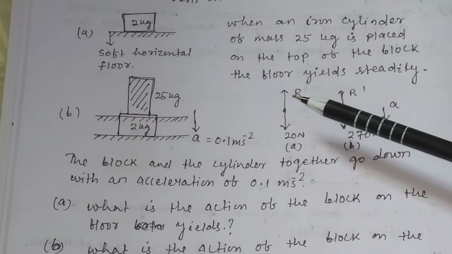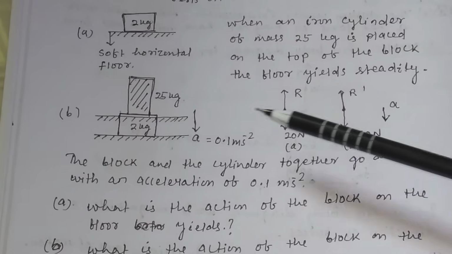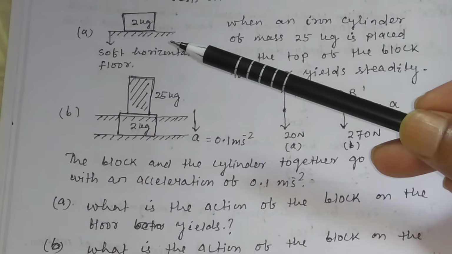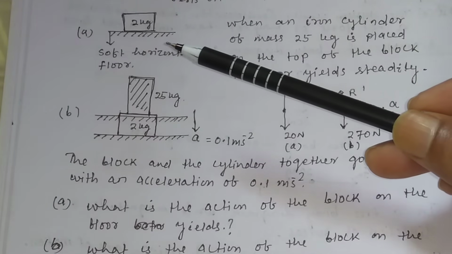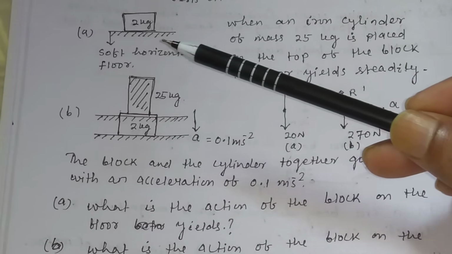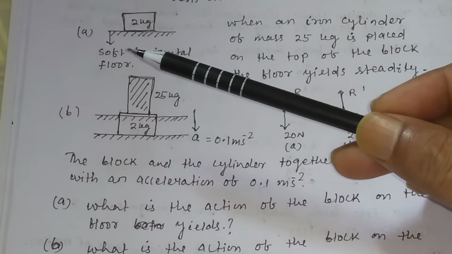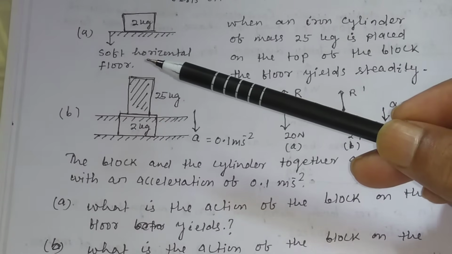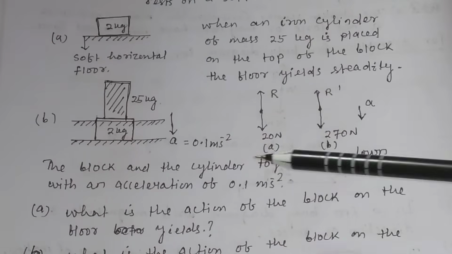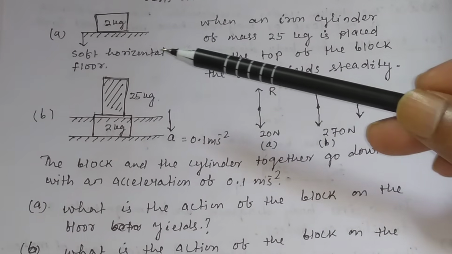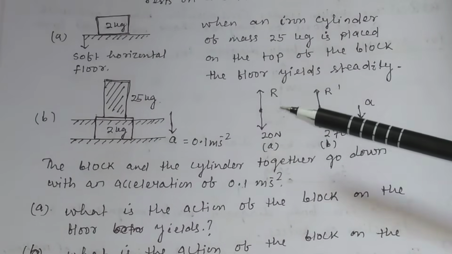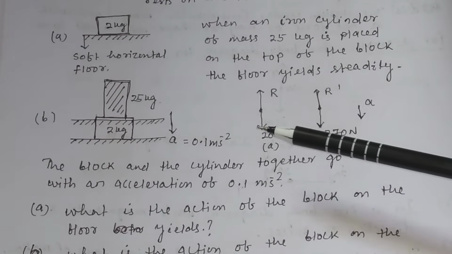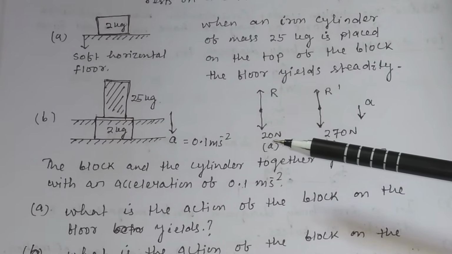So using Newton's third law, the force on the floor by the block will be equal to 20 Newton. That is, the floor exerts a reaction force on this block that is equal to 20 Newton, because by applying Newton's third law, you may write R equal to 20 Newton.